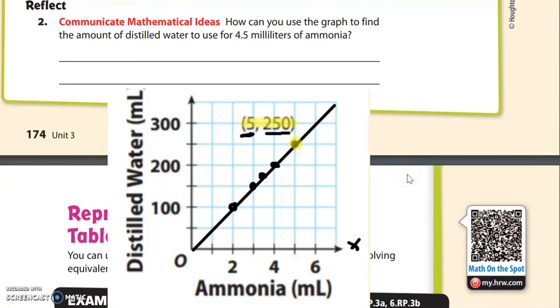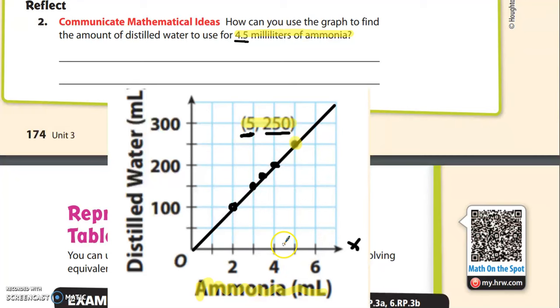Question 2 reads, how can you use the graph to find the amount of distilled water to use for 4.5 mils of ammonia? So 4.5 mils of ammonia would be down here. This is the ammonia axis. And I know that this right here is 4, and the 4.5 is just going to be a little bit past it. So if I go to about right there where I'm hovering, that's 4.5.